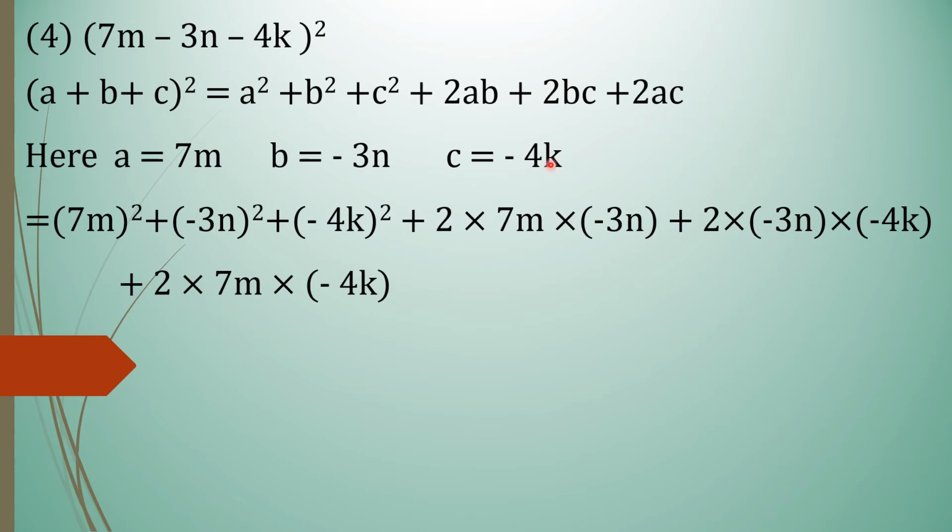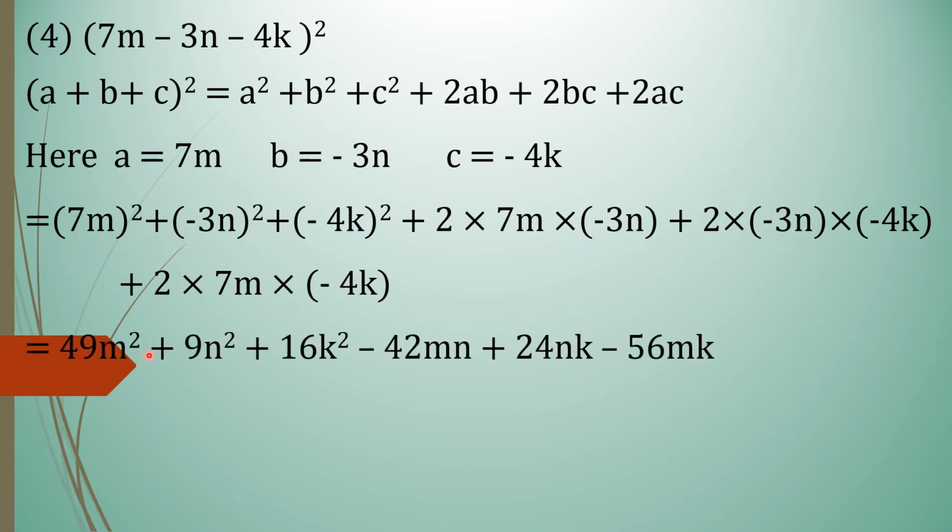Then plus 2AC will become 2 into 7m into minus 4k. Now we'll solve this. 7m the whole square: 7 square is 49, so it will become 49m square. Plus minus 3n the whole square: the negative will turn into positive as it is squared, so minus 3 into minus 3 is plus 9, so plus 9n square. Plus minus 4k the whole square will become 16k square.